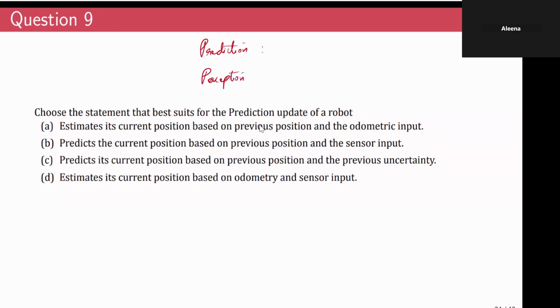Prediction relies on estimation of the new position from the control inputs to the motors and the current position.